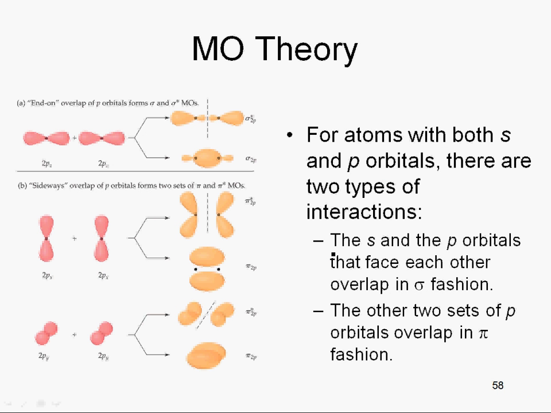Now, the same thing sort of happens with the p orbitals as well. There are 2 ways that p orbitals can interact. Let's first look at the ones that are lined up with each other, these up here. They are along the axis. This is the line connecting the 2 nuclei.